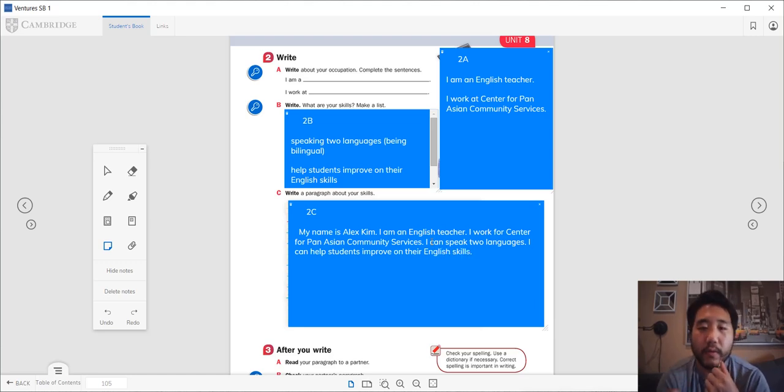So I just wrote a very simple paragraph about myself and my skills. I first introduce myself. My name is Alex Kim, and I talk about my occupation. I'm an English teacher, and I work for Center for Pan Asian Community Services. Then in the last section of the paragraph, I list the skills I have as a teacher.